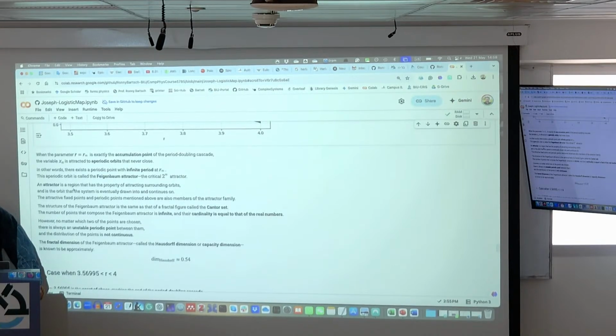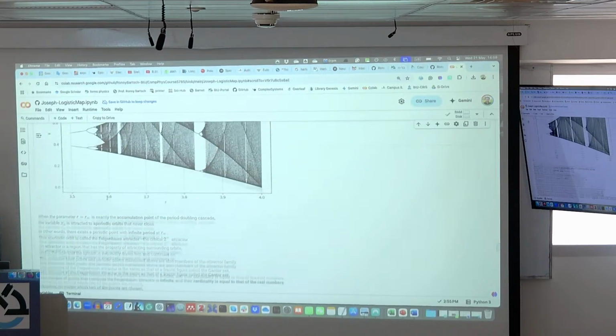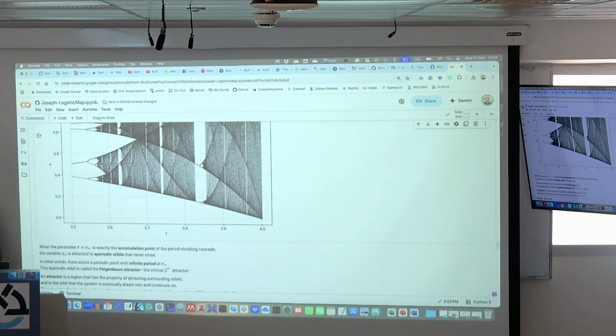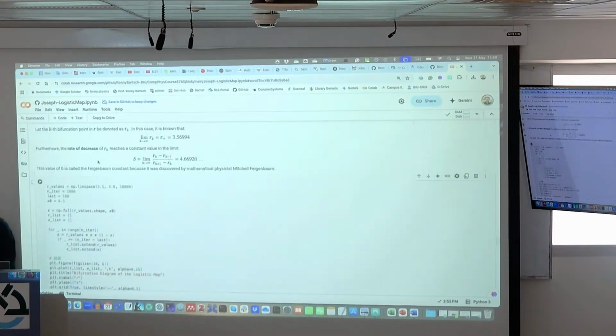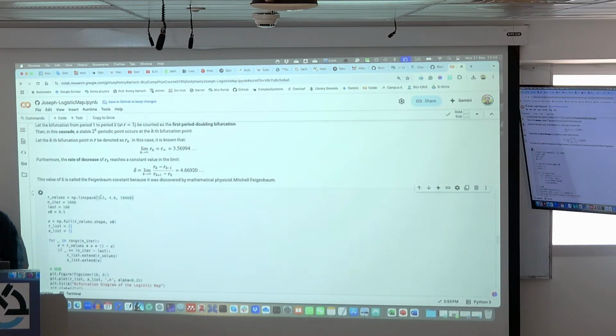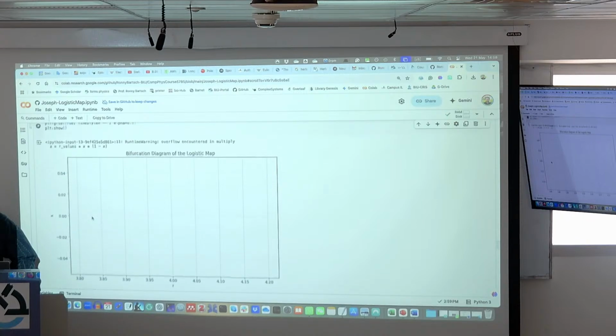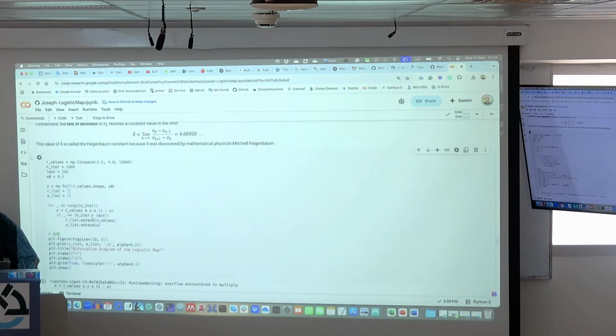The Feigenbaum attractor is a region that has the property of attracting surrounding objects. That is, at this point, if you want to plot another one, I'm not sure you can go above 4. Not above 4.